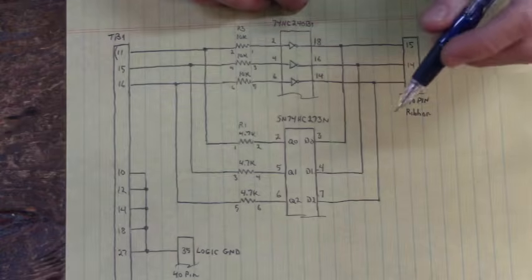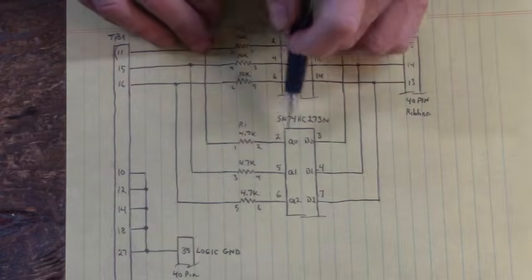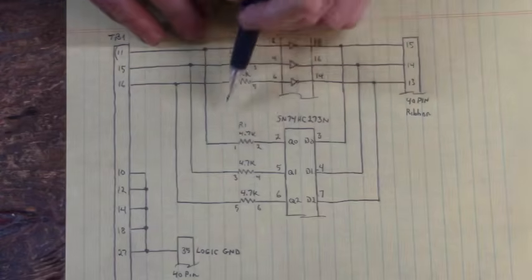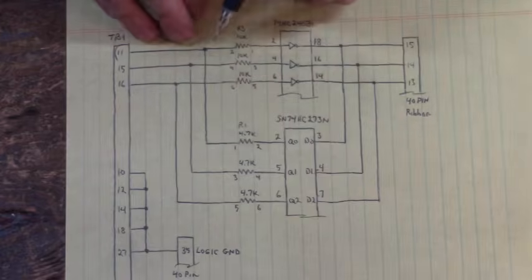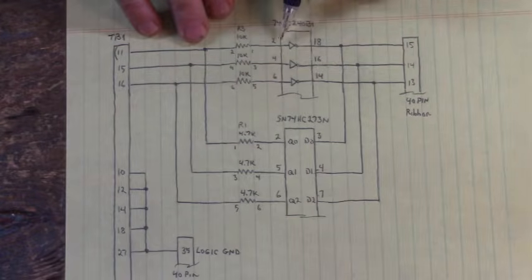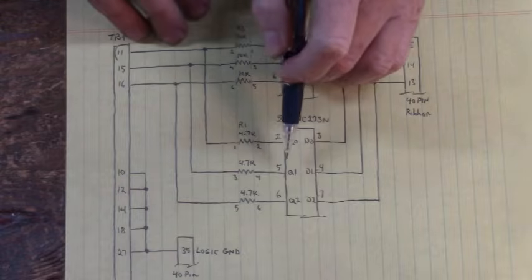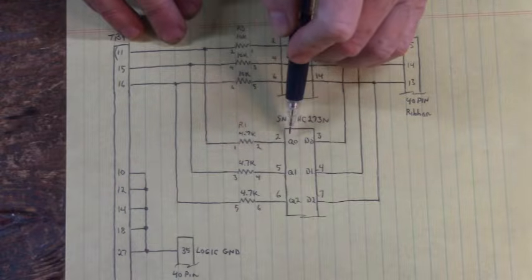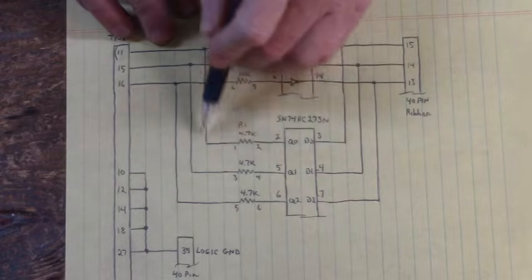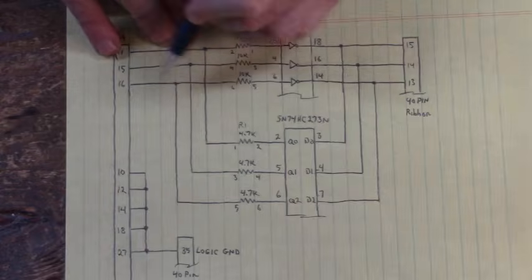And if we look here, we see that the Q outputs are tied back to this pin right here at this point. And this Q output, that would be Q0, Q1 is tied to 15.